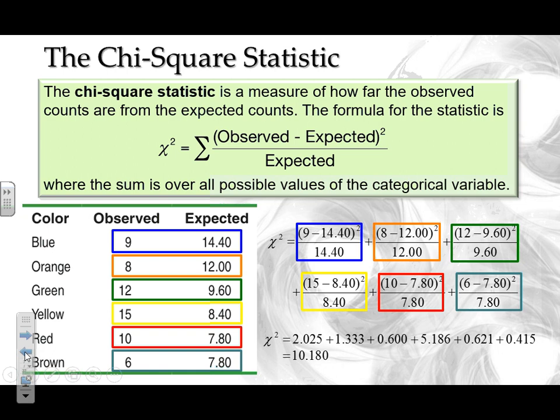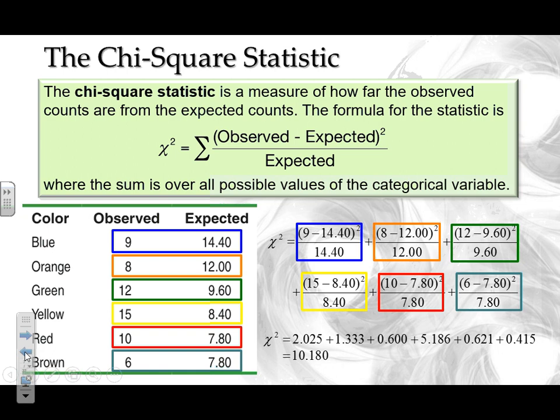Calculate the value for orange, 1.333. For green, for yellow. So calculate each one individually, and then add everything up after that. Now when you do that, make sure you keep at least 3 significant decimal places. So make sure you're keeping at least 3 decimal places to try to make it as accurate as you possibly can.